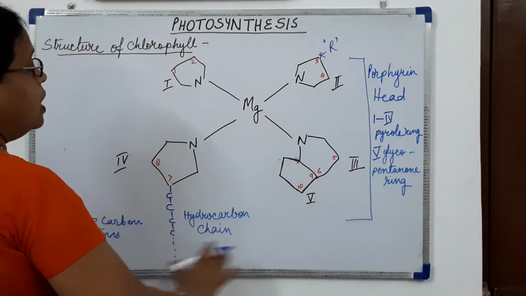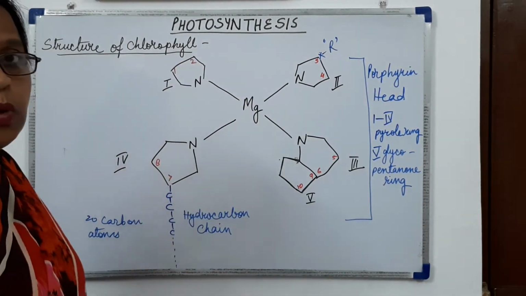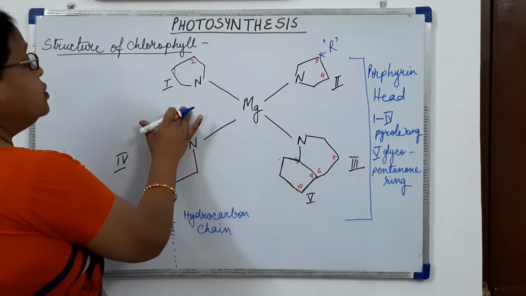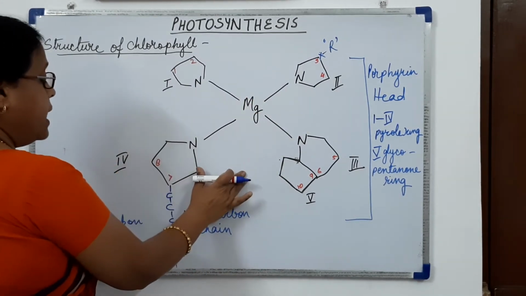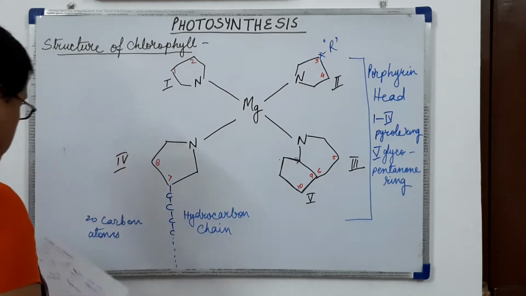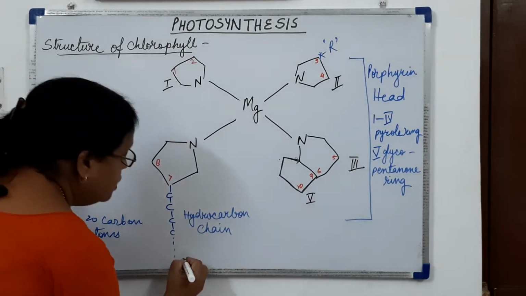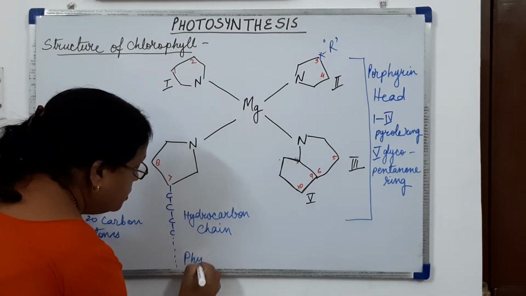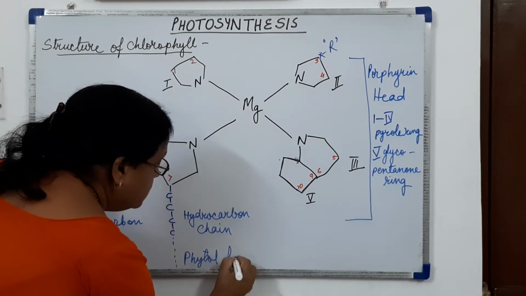So it is only necessary to know which are the components of the head and which are the components of the tail. So this is called the phytol tail.